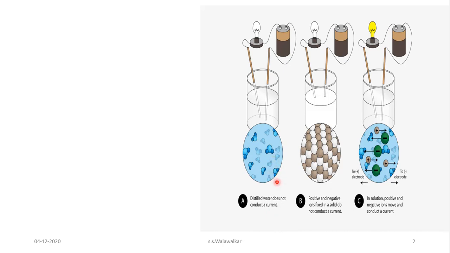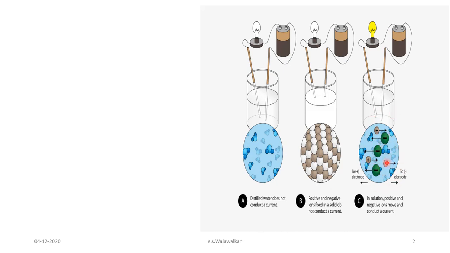But in the same water, if you add some HCl, then what happens? HCl is a strong electrolyte. It dissociates completely and therefore the ions are more in between the two electrodes, that is, in a unit volume of the solution.